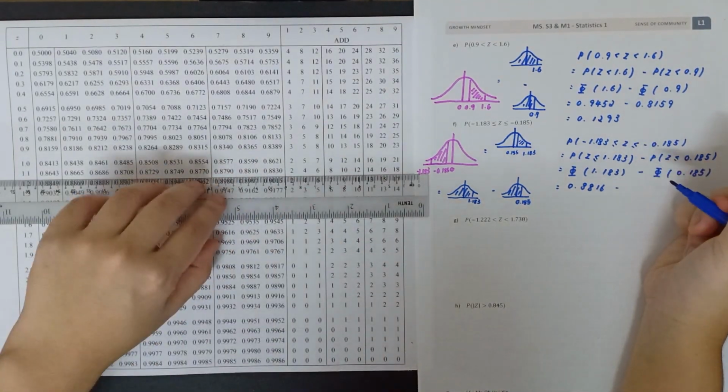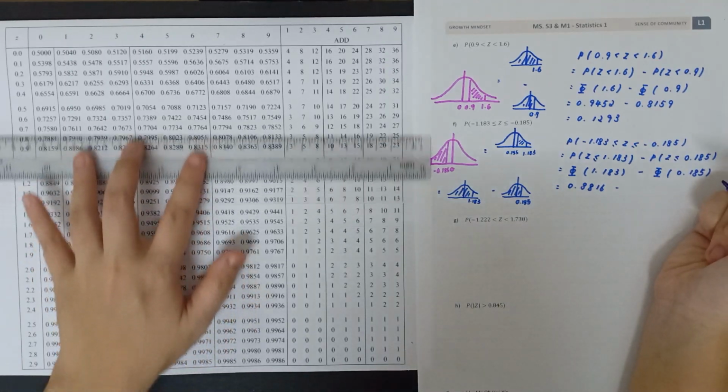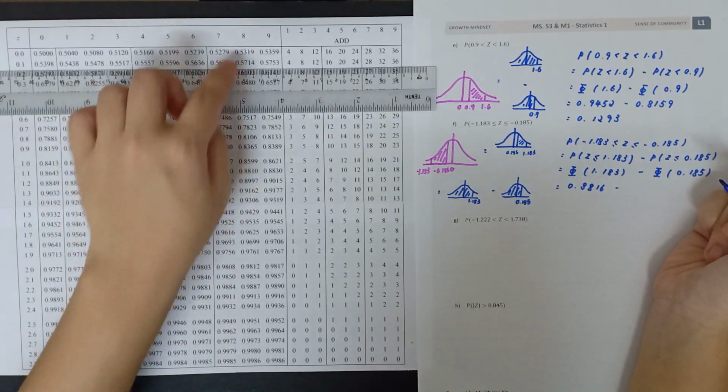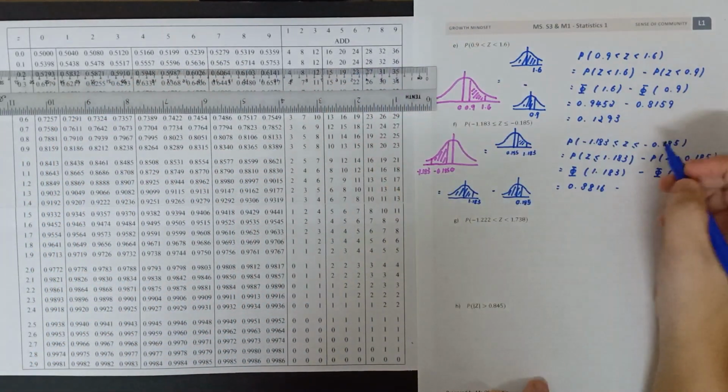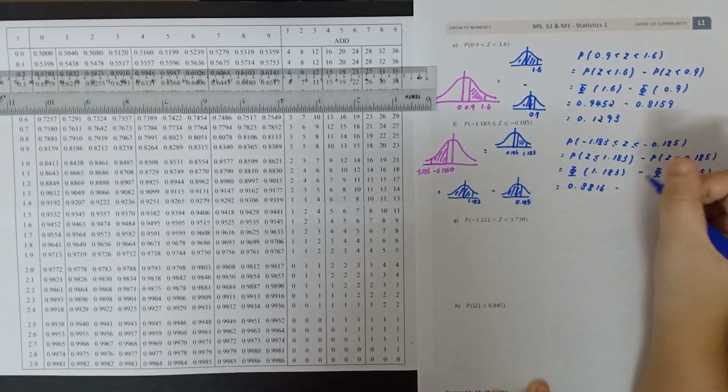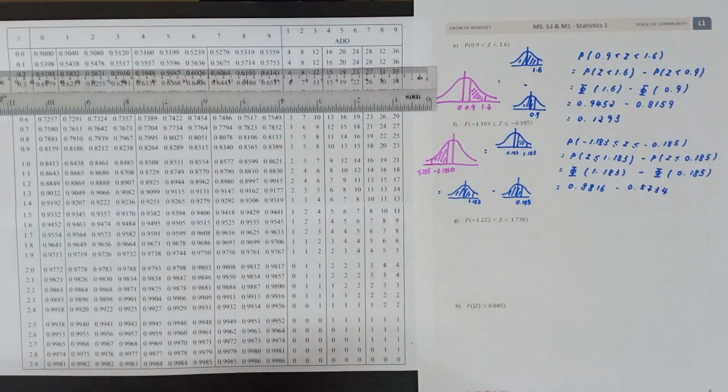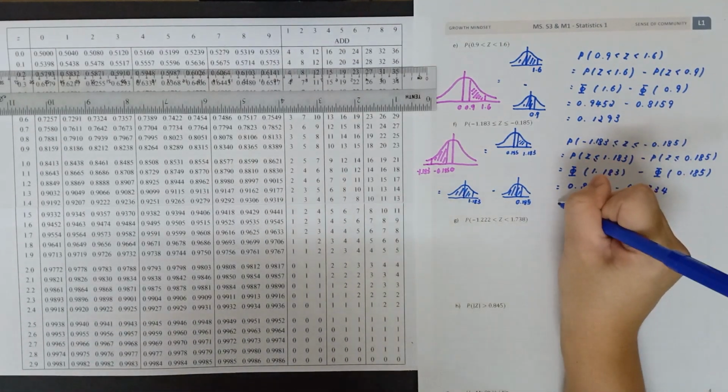Okay, minus 0.185, so 0.18, then 5, I'm going to plus 20, so it's going to be 0.57 plus 34, so 0.5734. Is that alright? Then I'll be writing my answer here.